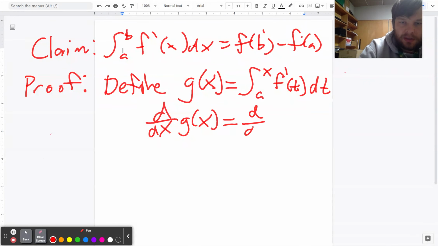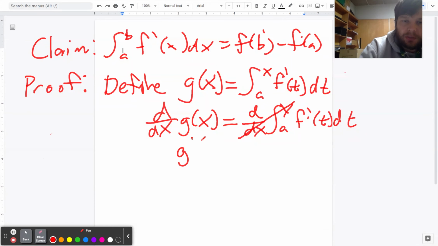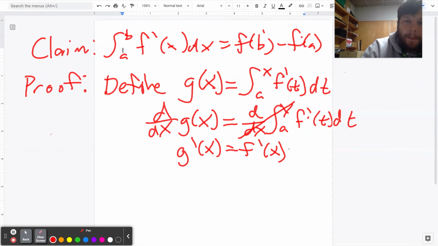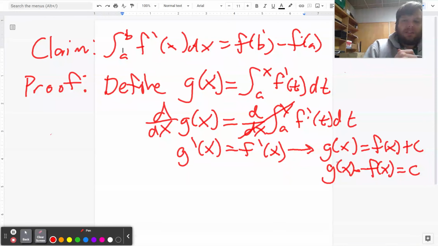So I can cancel these pieces out and get that g prime of x equals f prime of x. And then g of x is equal to f of x plus c. In other words, the two functions only differ by a constant. So it's g of x minus f of x equals c.